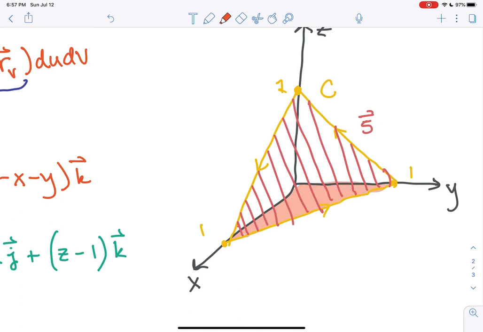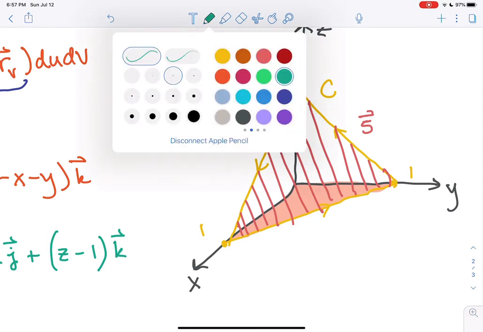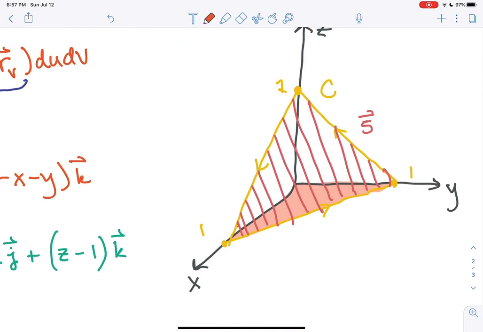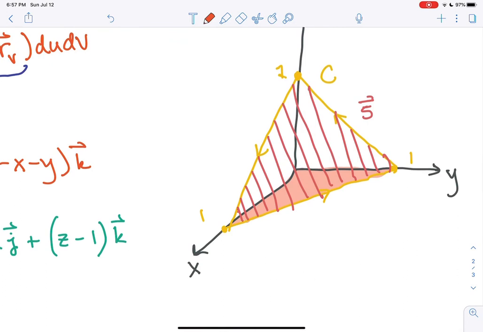And of course, we can rewrite this boundary equation, this line right here, as y is equal to 1 minus x.